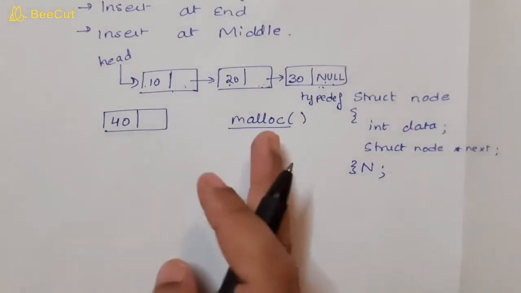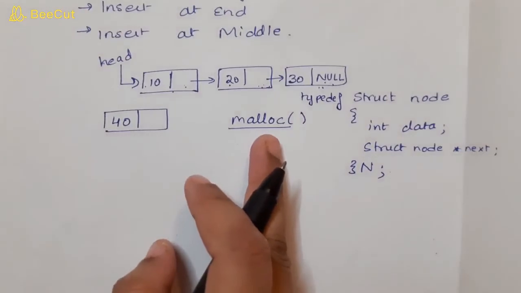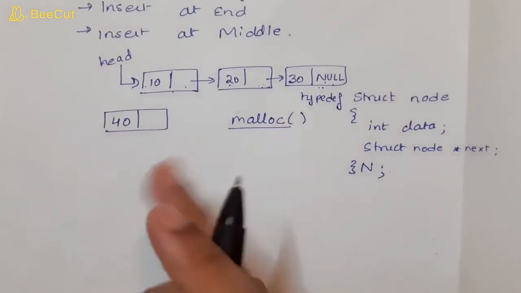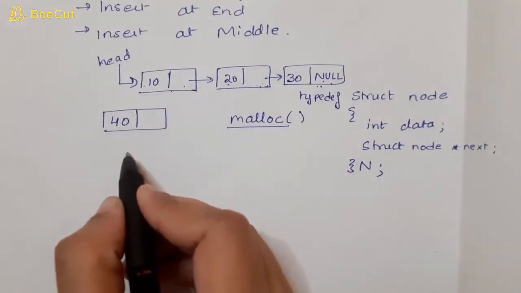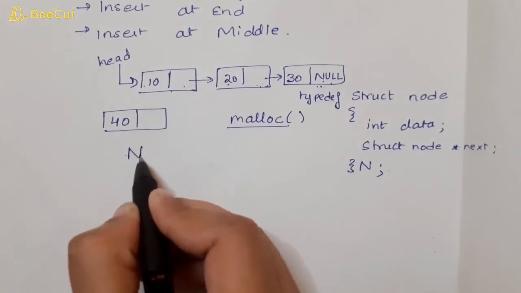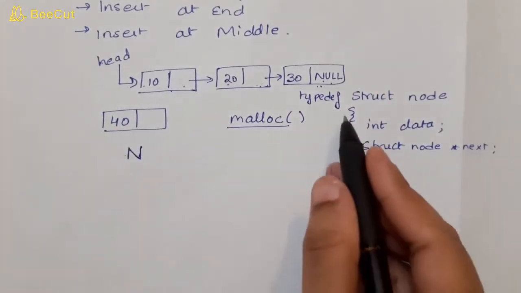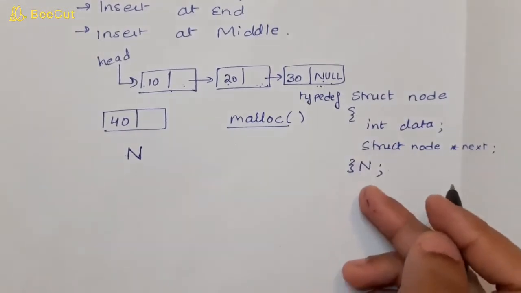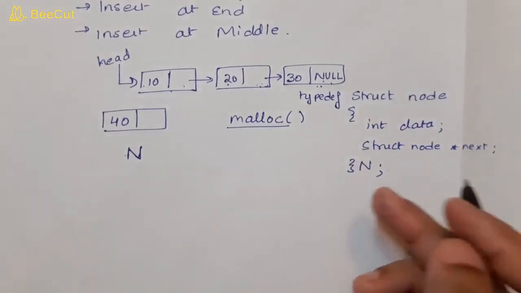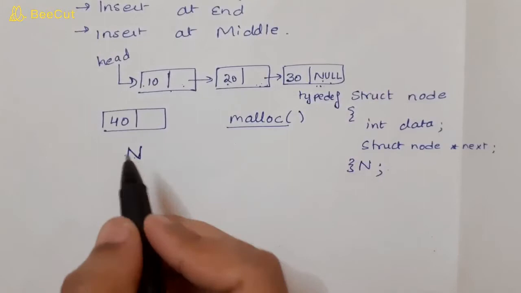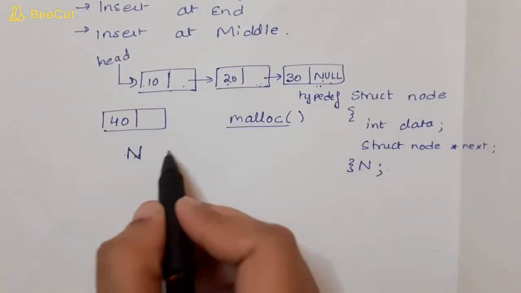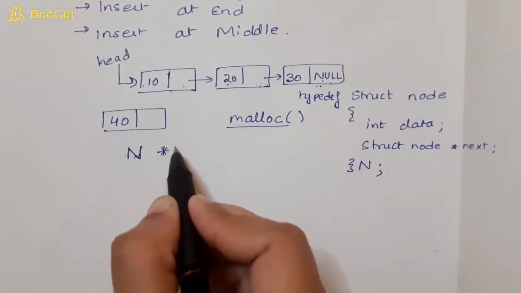Now how will I allocate memory? In case I want to allocate memory through the malloc function, first of all I need to create a pointer of struct node type. As I'm using an alternative name using typedef, I've given an alternative name n, so I'll write n. N means a struct node, so I'm taking a pointer p.